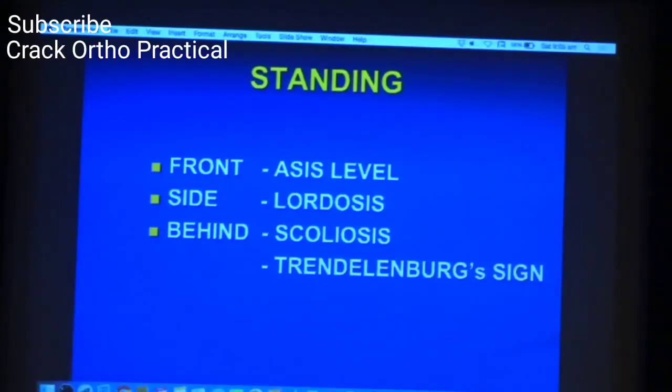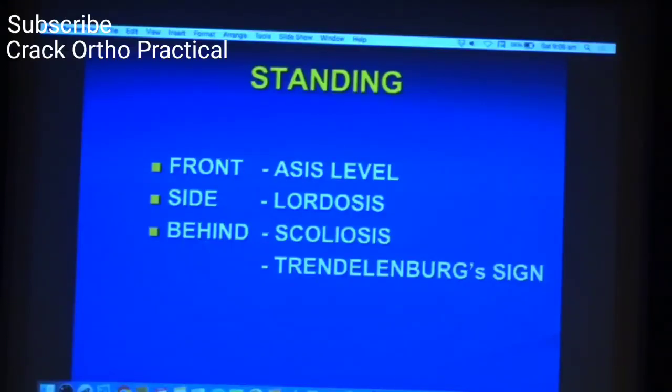So from the front, the most important is the level of the anterior superior iliac spine, what has happened to the affected side in comparison to the normal side, because this is likely to change. If the patient has a lower anterior superior iliac spine in standing, right? We saw in yesterday's patient, his anterior superior iliac spine was at a lower level.